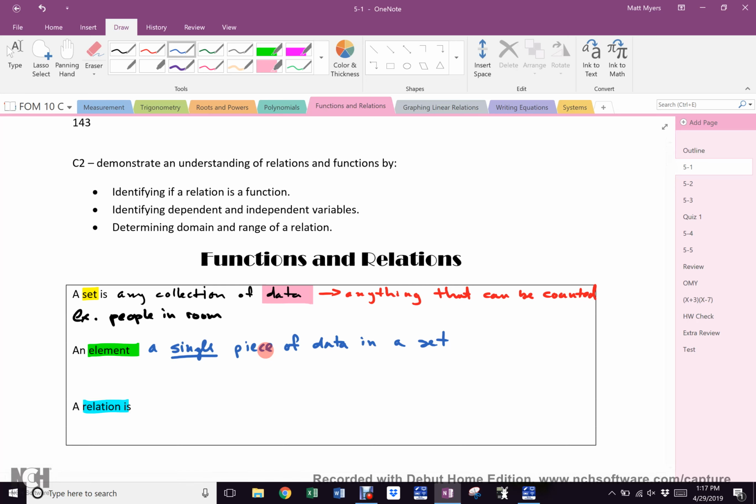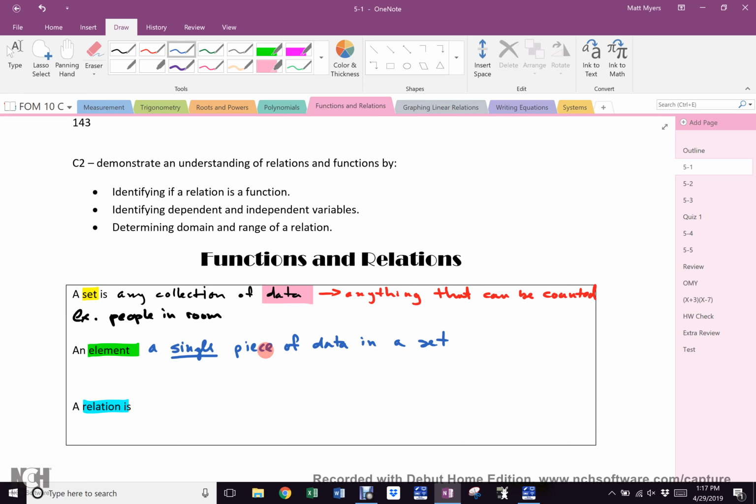There is a word for single piece of data. It is a datum. D-A-T-U-M, because data is a plural word, but people don't know that. So I write single piece of data. Technically, all I need to write is a datum, but then everybody says, what's a datum? So I don't write it, then I have to explain it all. So it's a single piece of data in a set.